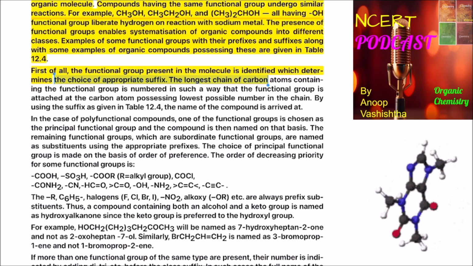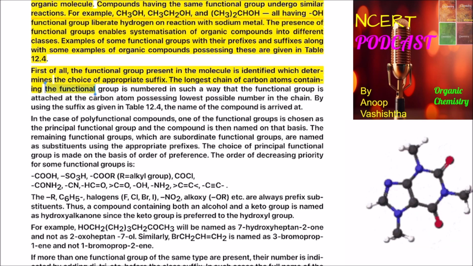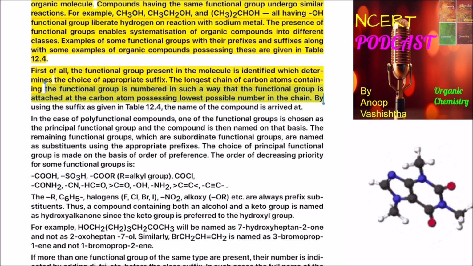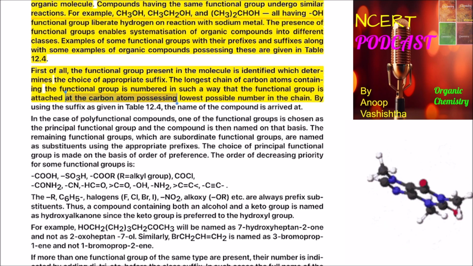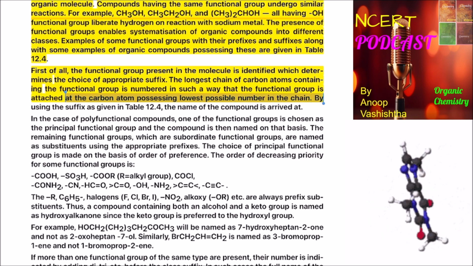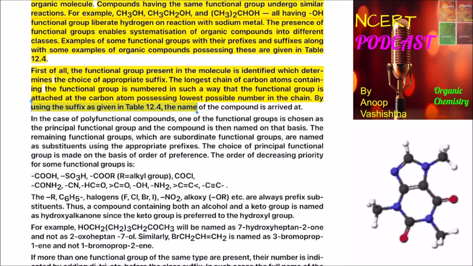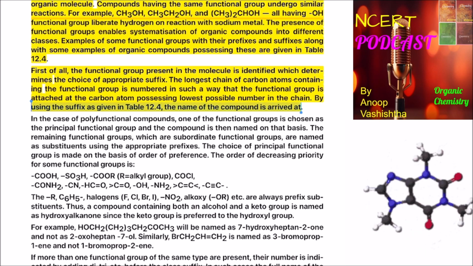The longest chain of carbon atoms containing the functional group is numbered in such a way that the functional group is attached at the carbon atom possessing lowest possible number in the chain. By using the suffix as given in table 12.4, the name of the compound is arrived at.